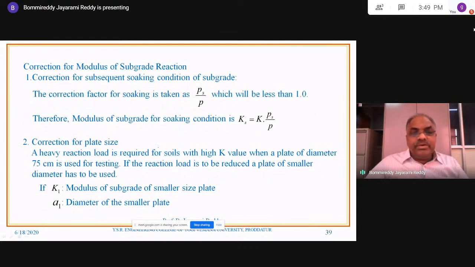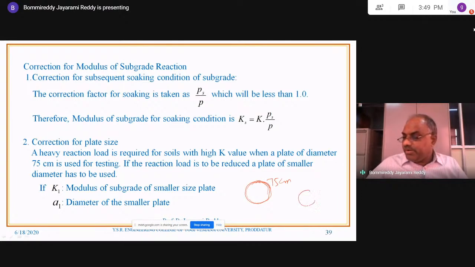So now what is going to happen? Normally the same plate may not be available. Say while testing the subgrade for computing the modulus of subgrade reaction, sometimes the soil may be in soaked condition, or sometimes the 75 centimeter big plate may not be available.